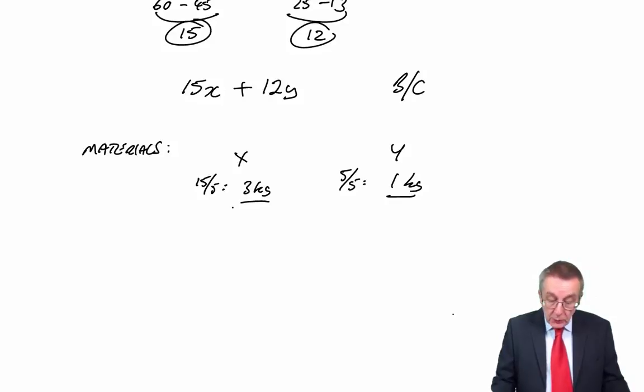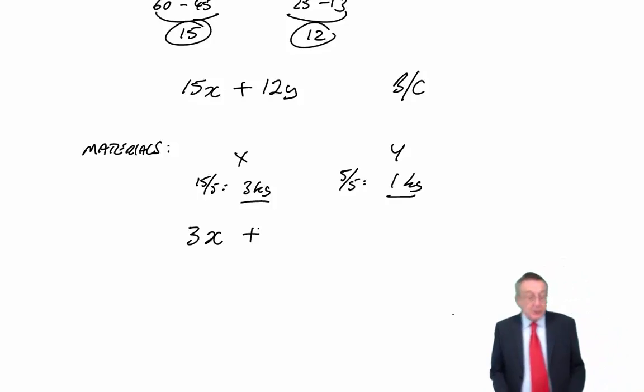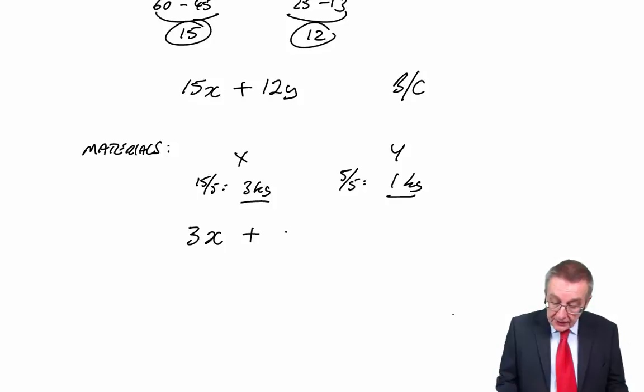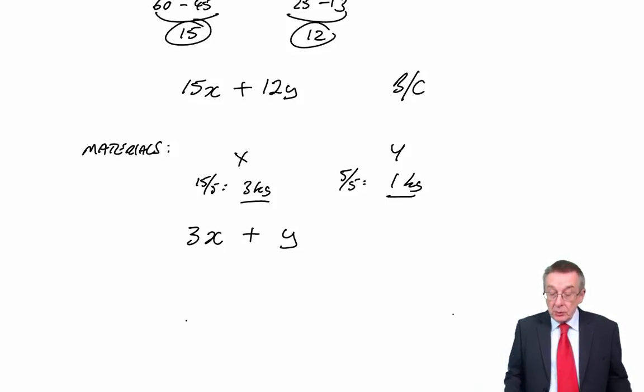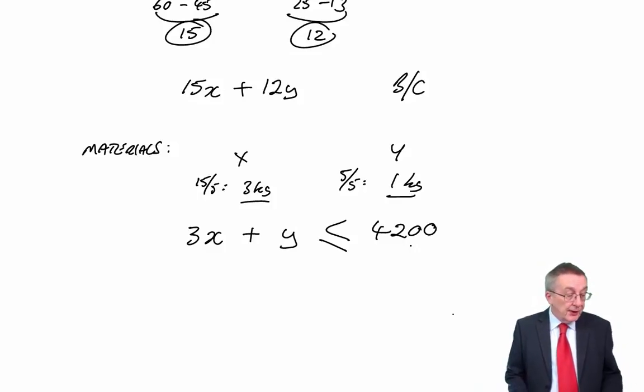X units of X at 3 kilos each, so a total of 3X kilos. In addition to make Y, 1 kilo for every Y, so in total Y. So 3X plus Y is what we'll need. We're limited to 4,200. It must be less than or equal to 4,200.